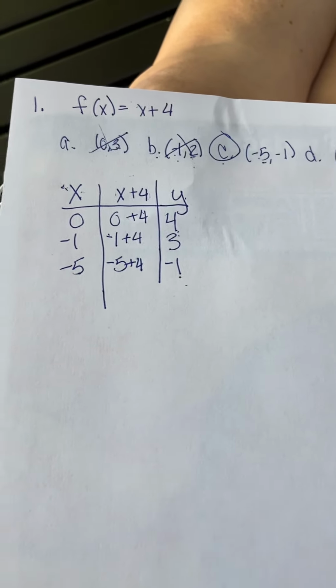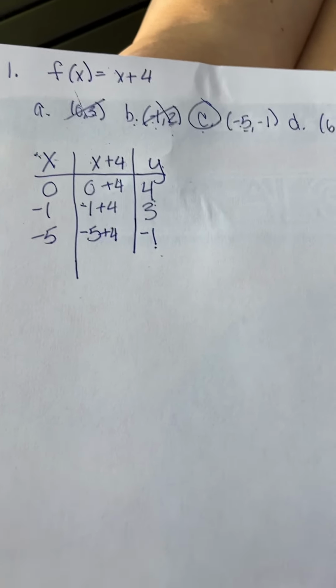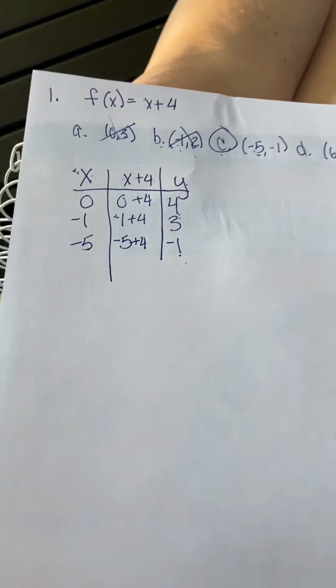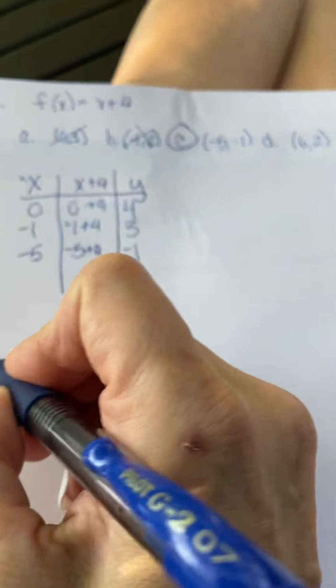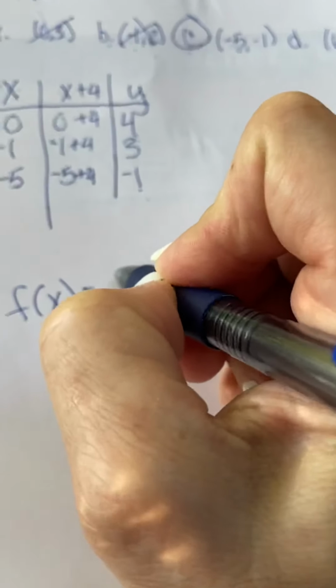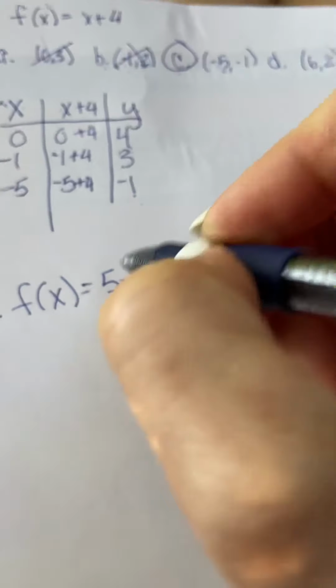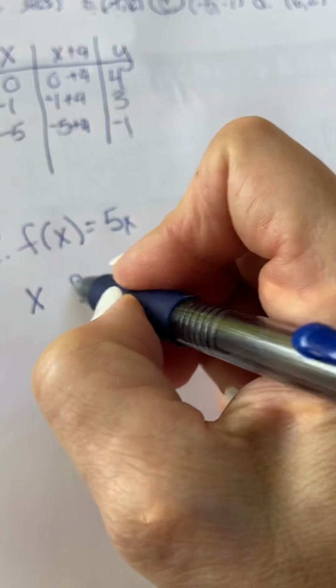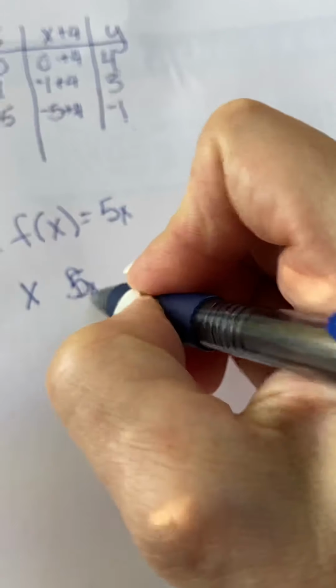Let's see what we have here. For number 2, you have f of x equals 5x. Okay, I'm going to make my table: x, 5x, and then y.